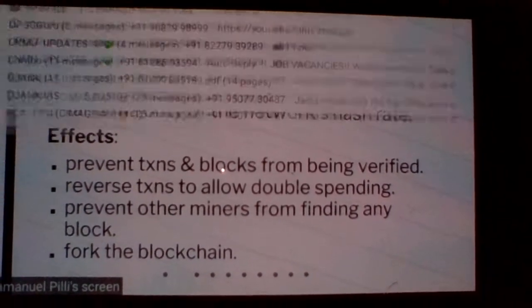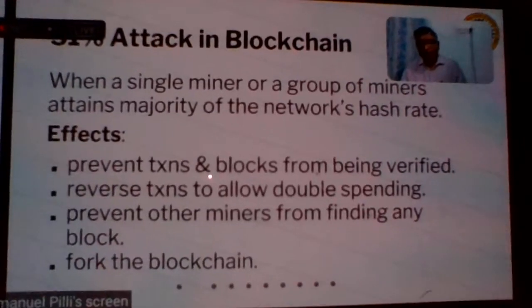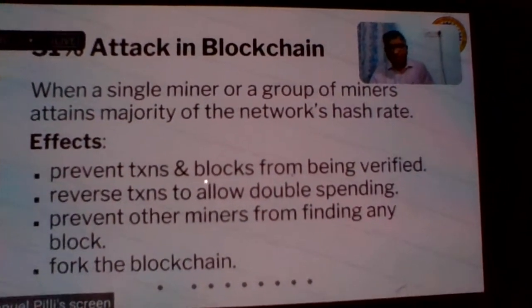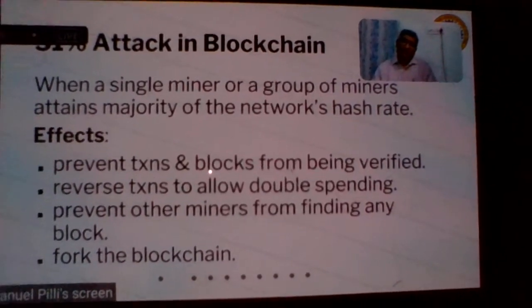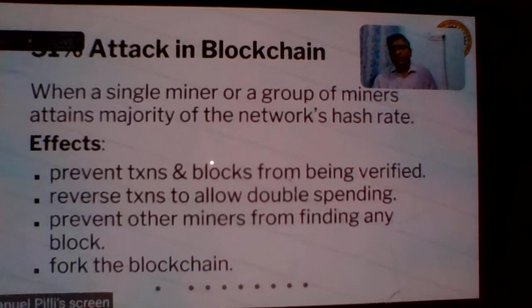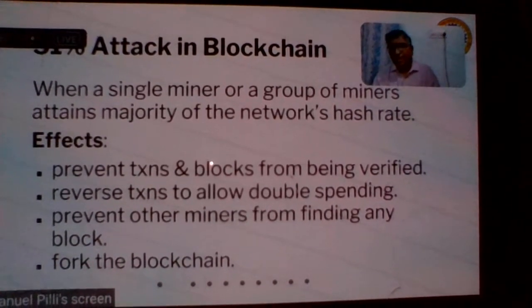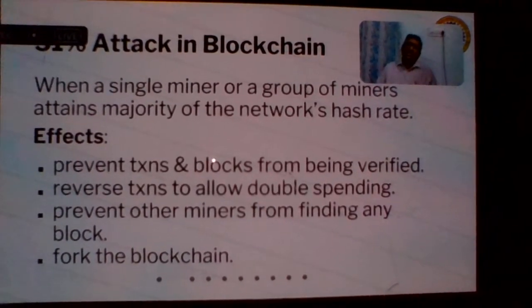So maybe the money is not received, but the transactions are approved. You can prevent other miners from finding any block, and then you can also fork the blockchain. Once you have more than 51% of the power, more than half of the power, that's the basic idea. It's very difficult in that sense, but it's not impossible, right?